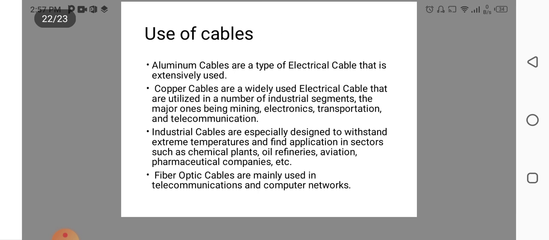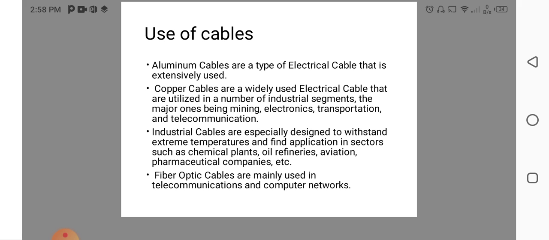Now I'll be talking about the uses of cable. You can see electrical cables are an extended use. Copper cables are widely used in electrical cables. Aluminum and copper cables are majorly used in any electrical wiring or fittings. In industry segments, major ones being mining, electronics, transportation and telecommunication, it is used.